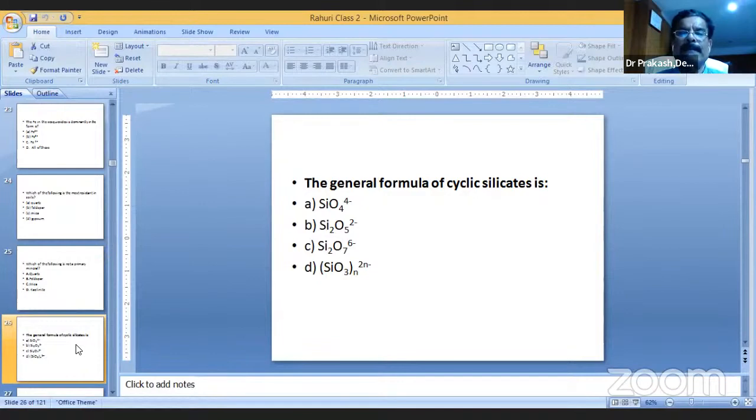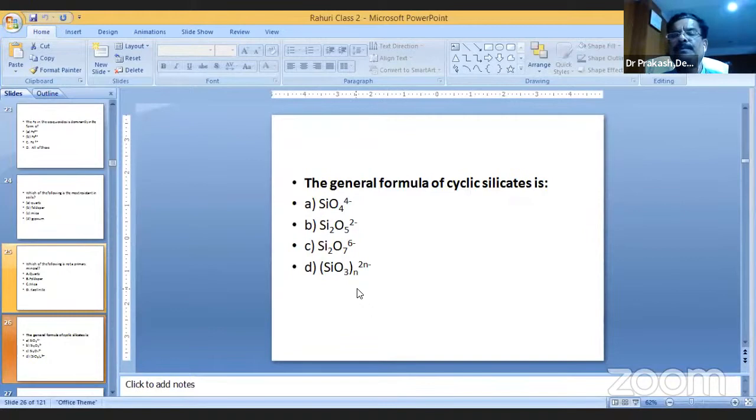Right? If you see SiO4, that is independent silica tetrahedra. Si2O5, so it is more than 1, it is not 3. Si2O7, and similarly SiO3, if n represents 3 or 6, then it becomes cyclosilicates.